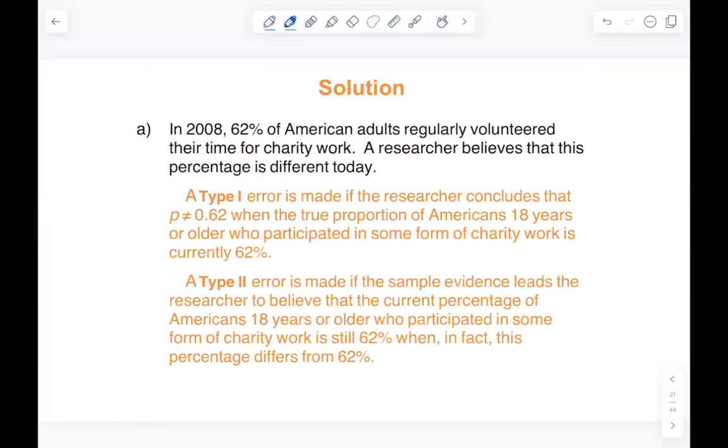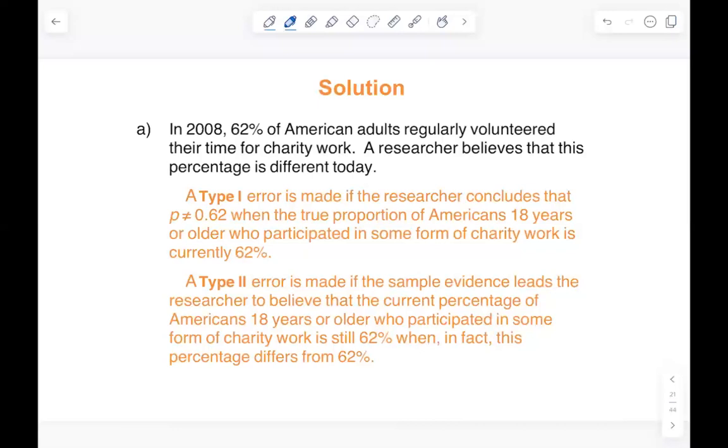So a type 1 error: the researcher concludes that the null hypothesis is not true, yet it is true. Basically, the researcher concludes that the proportion of Americans that participated in charity work was not 62%, but it actually was 62%. This would be a type 1 error.